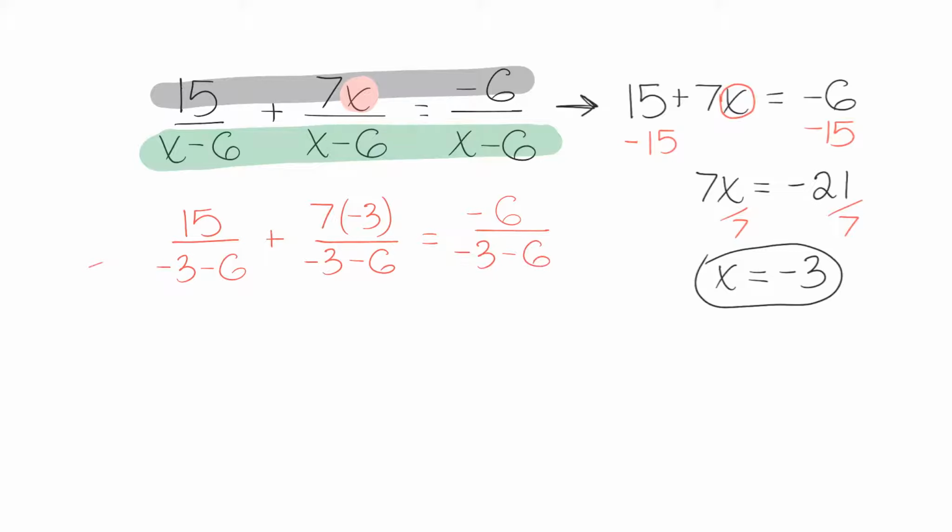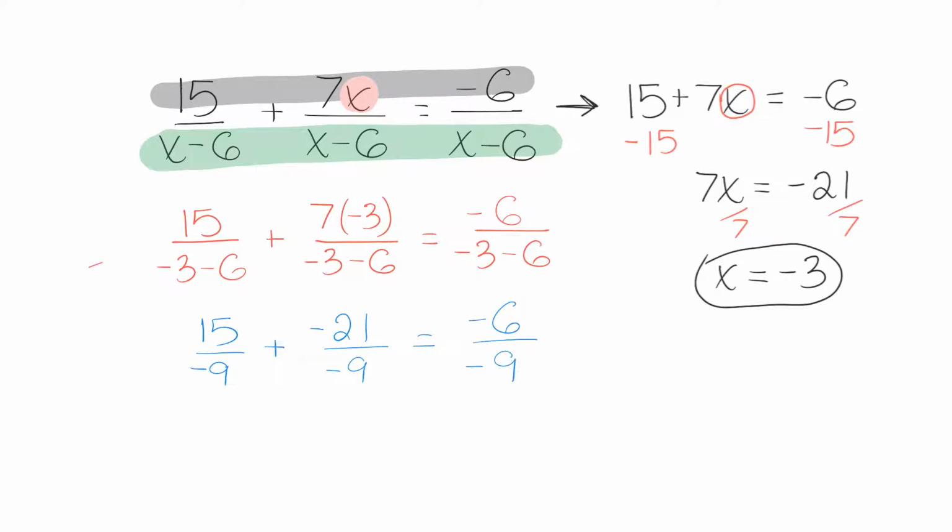If I do this, then what am I getting here? I'm getting 15 over negative 9 plus negative 21 over negative 9 equals negative 6 over negative 9.